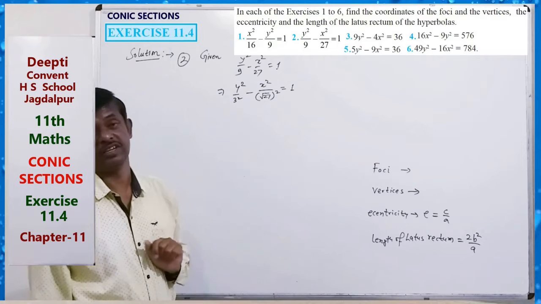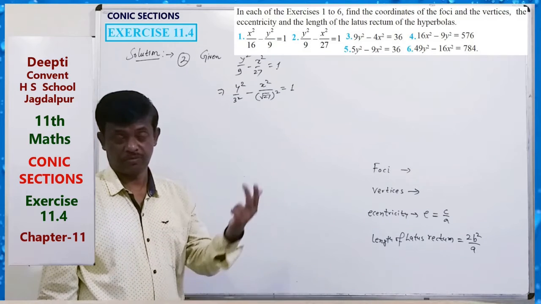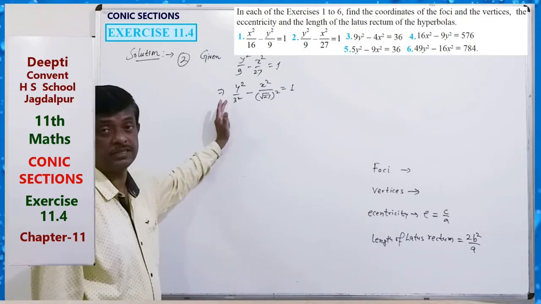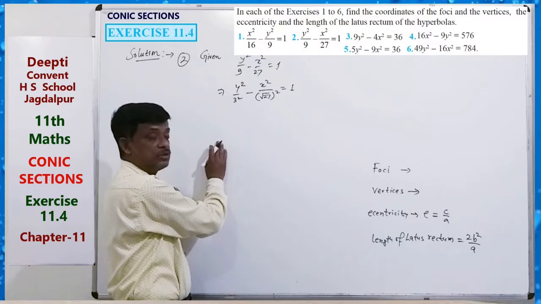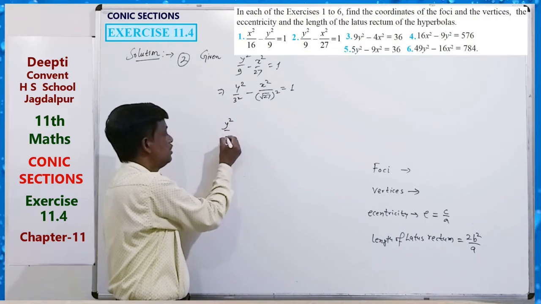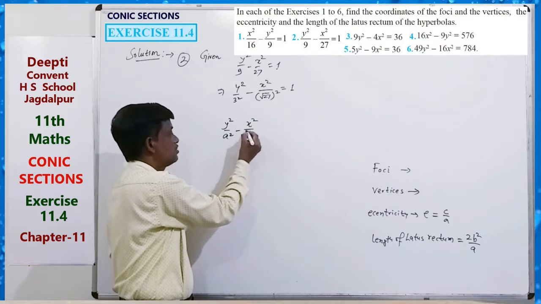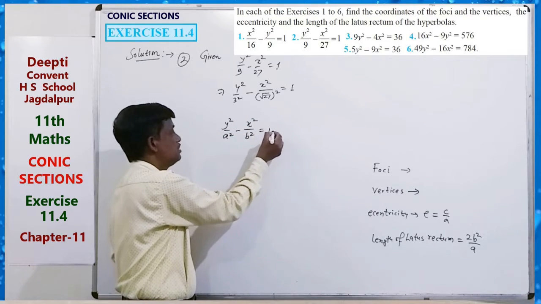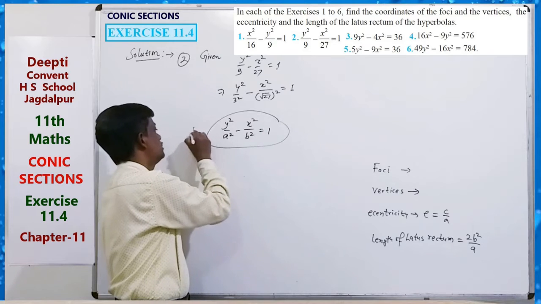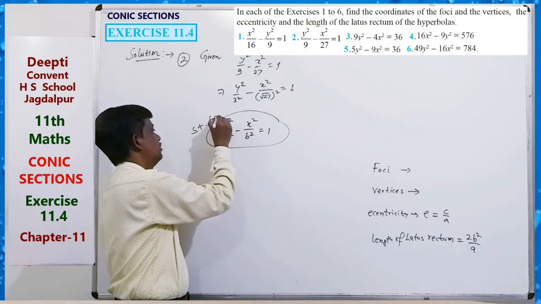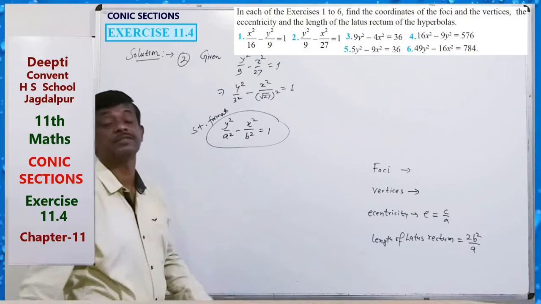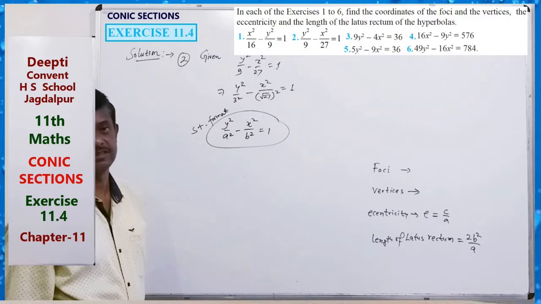Here y square by 3 square is first, so the standard equation will be y square by a square minus x square by b square. This is the standard format, with transverse axis along the y axis.